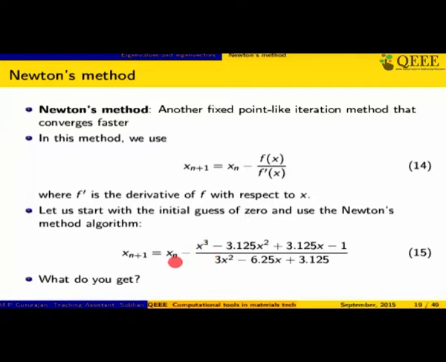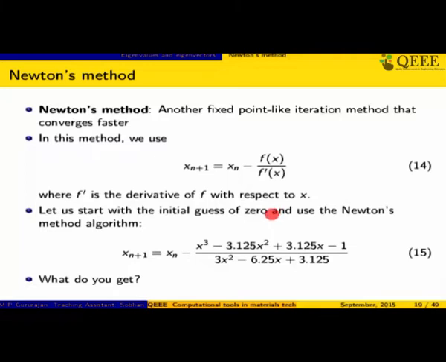So we take some x_n value. Let us take 0 to be the first x_n value. What do we get? This is 0, this is 0, this is 0, this is 0, this is minus 1, this is 0, this is 0, this is 2.5. So x_n you get as minus 1 by 3.125. Now you can take minus 1 by 3.125 here and try to calculate the next x_n value, and you can keep doing it.